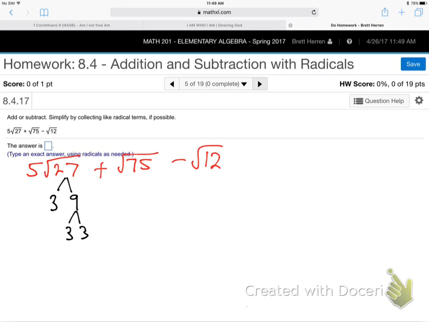There's already a 5 out front from the 27. So 2 3s in, 1 3 out, so 15 root 3.